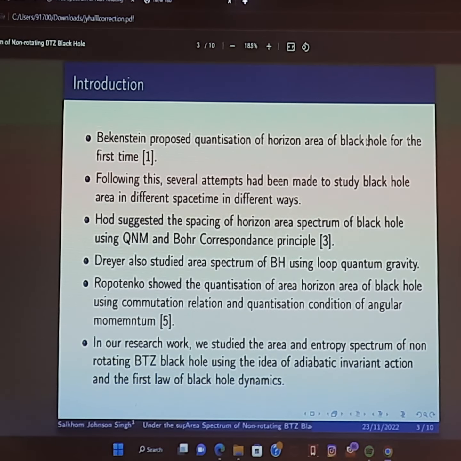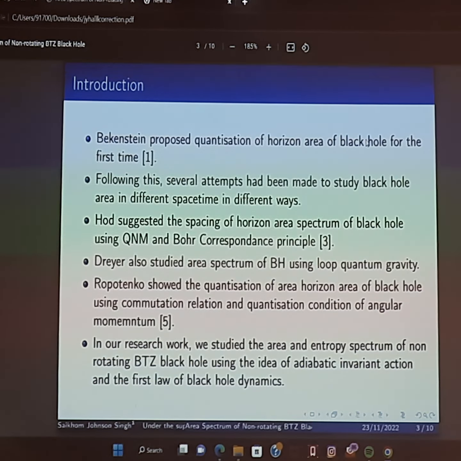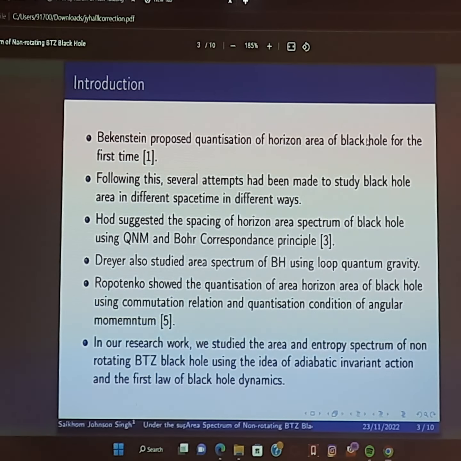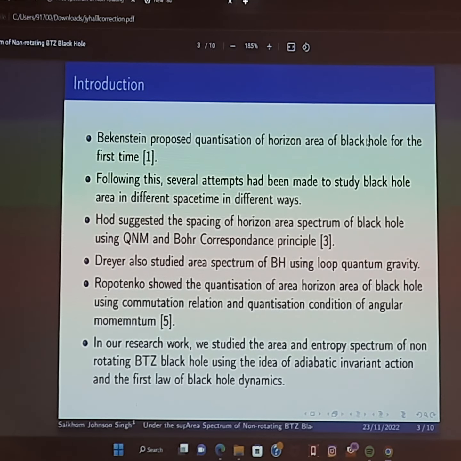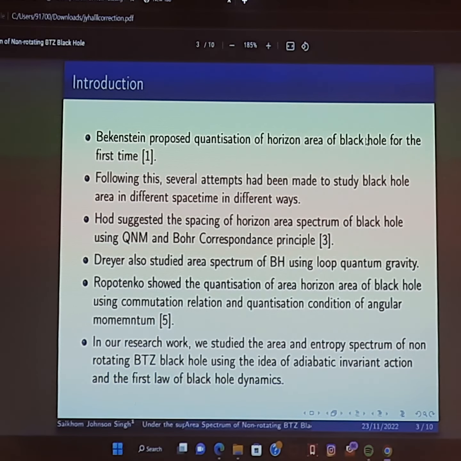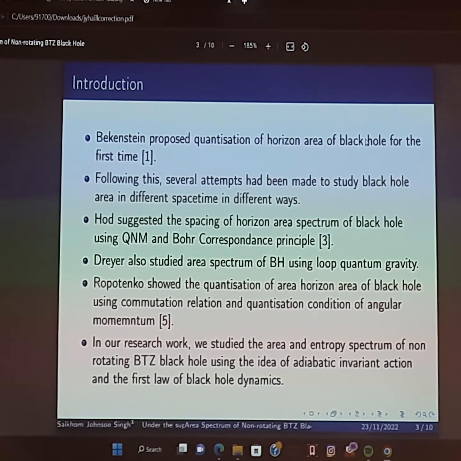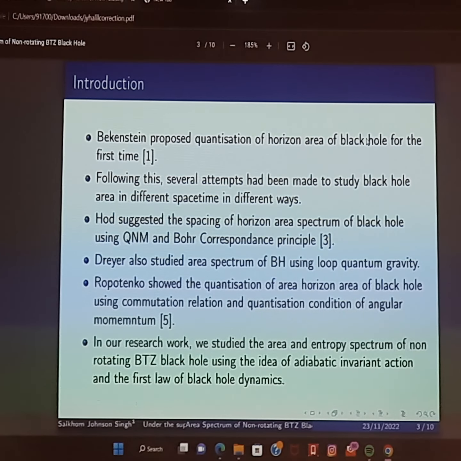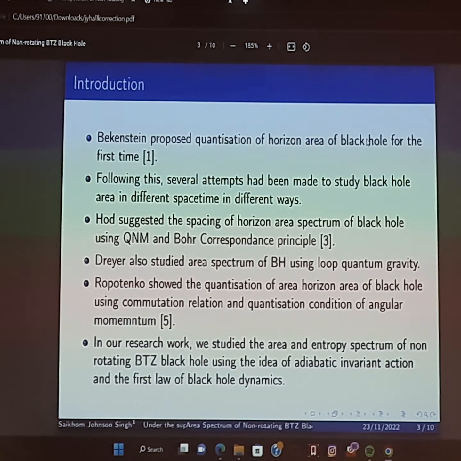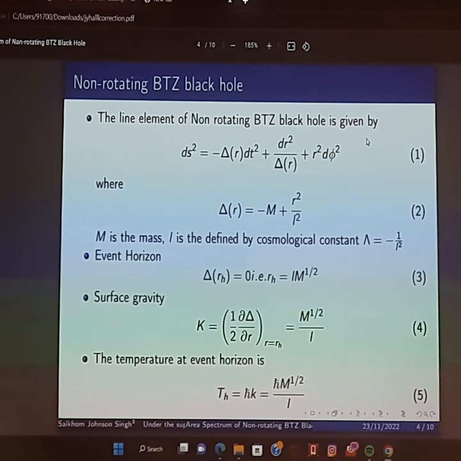And from the commutation relations of angular momentum, Lopotenko also showed that the black hole area is quantized. In our research work, we will study the area and entropy spectrum of the non-rotating BTZ black hole by using adiabatic invariant quantity and the first law of black hole thermodynamics.